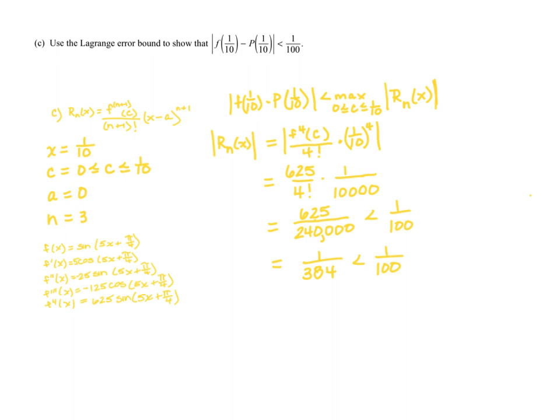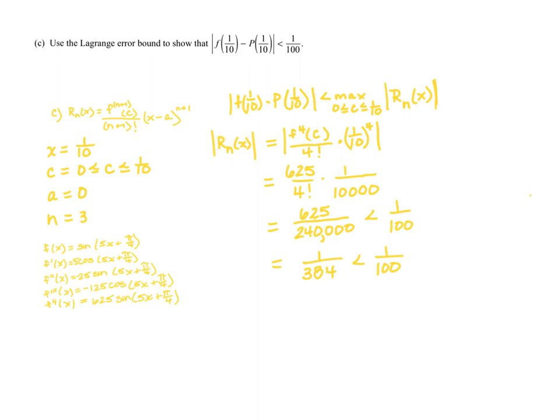Well, in this case, one thing we would want to do is look to see whether the function is increasing or decreasing. And if you look at the fourth derivative, that would be sine. And sine on that interval between 0 and 1/10 is an increasing function. So that means you should use the upper boundary 1/10.